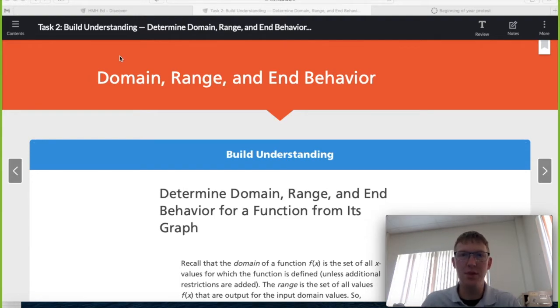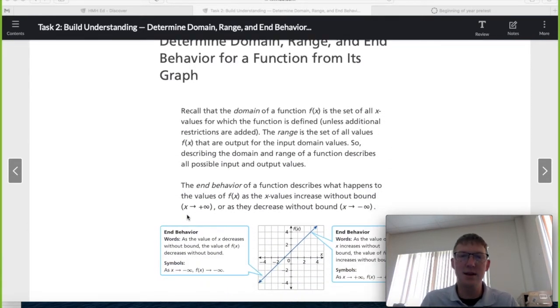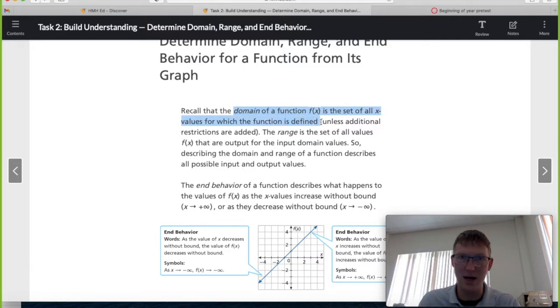All right, domain, range, and end behavior. Let's talk about what that means. So hopefully you've seen these words before, but maybe you might not remember them. As a reminder, recall that the domain of the function f of x is the set of all x values for which the function is defined unless additional restrictions are added.